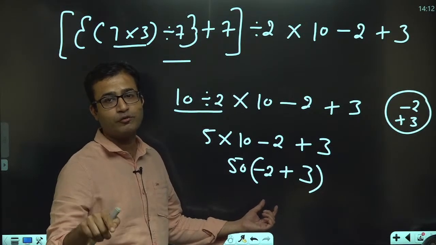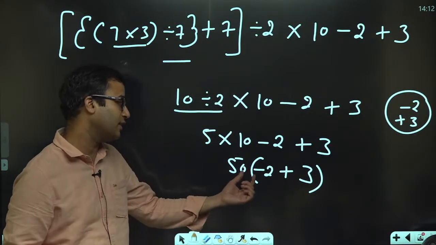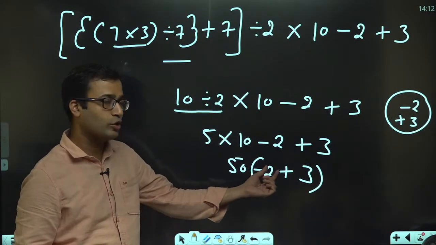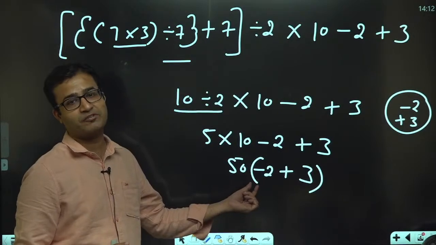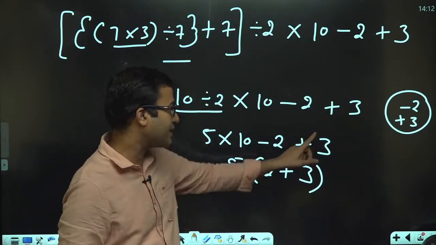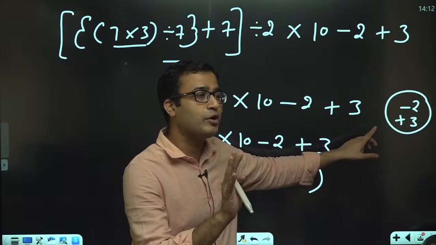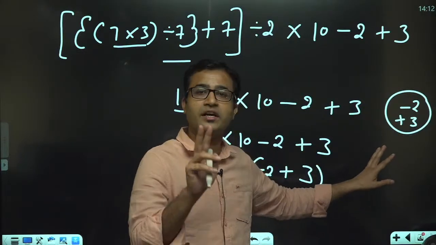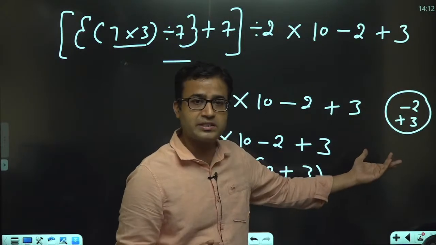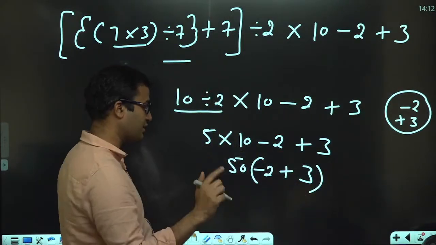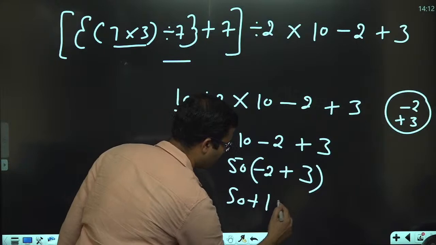So some of you, those who are getting 45 as the answer, minus 2 and 3 have to be added, yes, but you have taken the symbol minus 5. If I ask you, this is the same calculation. I'm asking you to add minus 2 and plus 3. There are two integers, one is minus 2 and one is plus 3. So what will you get? Plus 1. Don't take minus 5, that is wrong. So here this is plus 1.